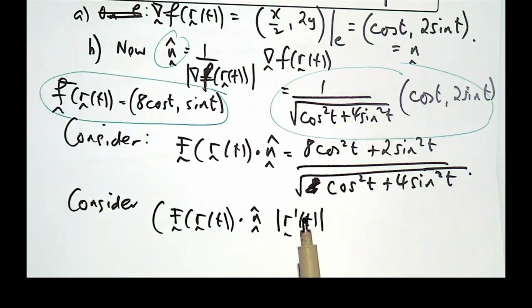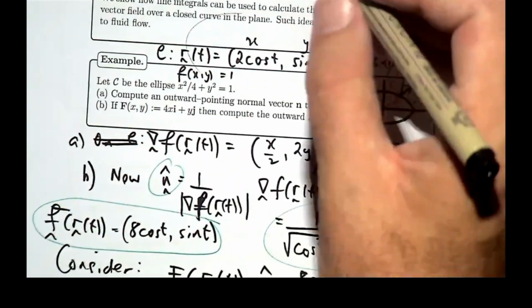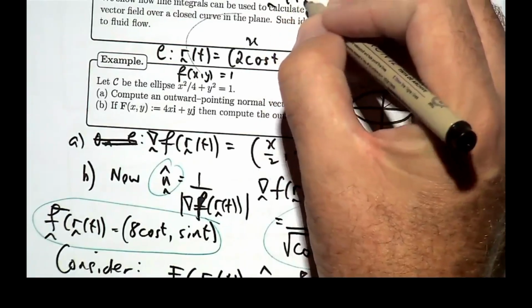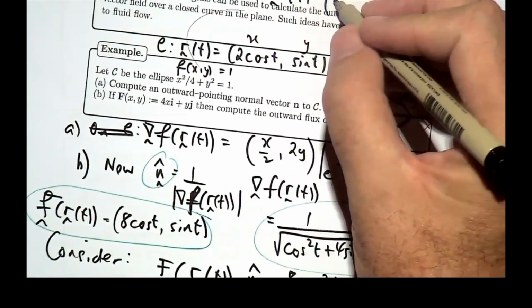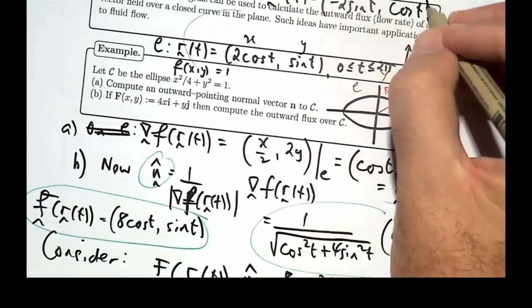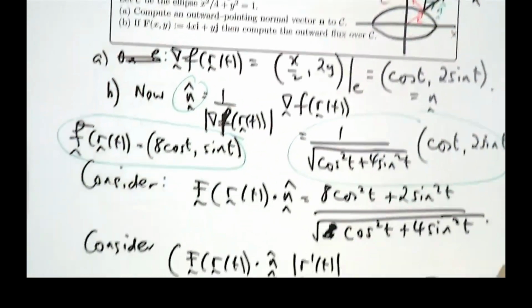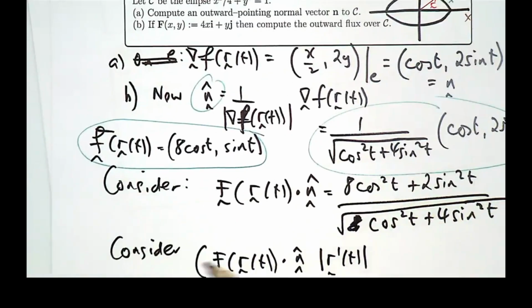So what is the length of the derivative? r is up there, and the derivative is going to be this. We're going to look at the length of that. Okay, so there it is.